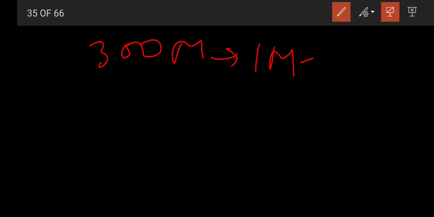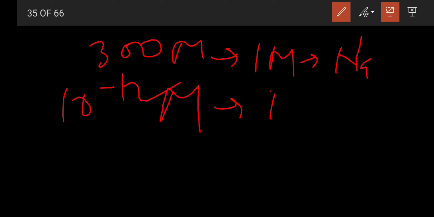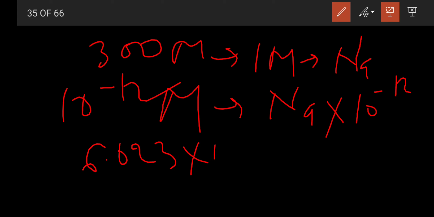So 300 molecular weight, 1 mole, Na particles. 10 power minus 12 mole equals Na into 10 to the power minus 12 particles, that is 6.023 into 10 to the power 23 into 10 to the power minus 12.